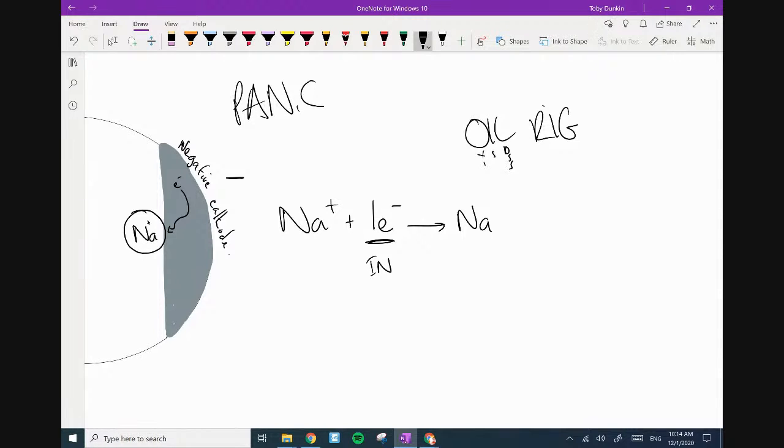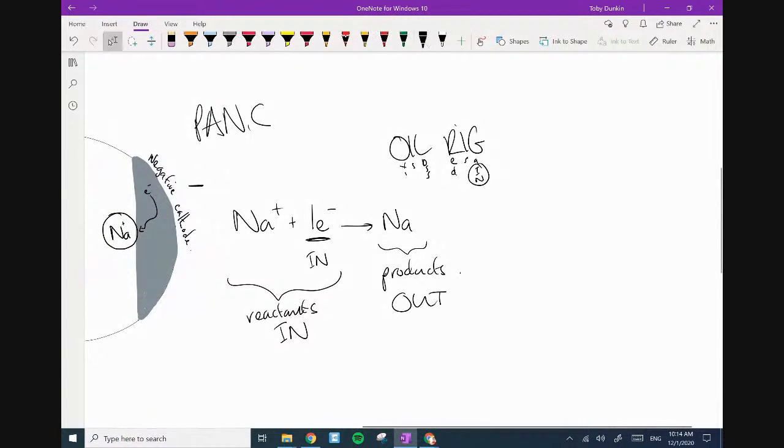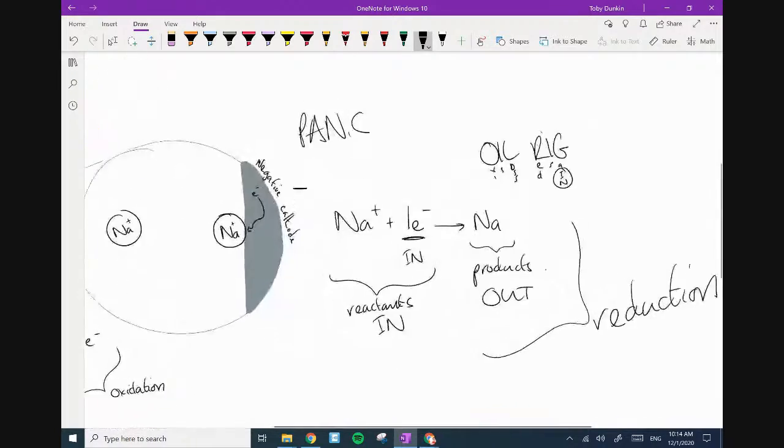Reactants go in. Products come out. So reduction is the gain, and it has the word in it. So this one here is reduction, because it's gaining electrons.